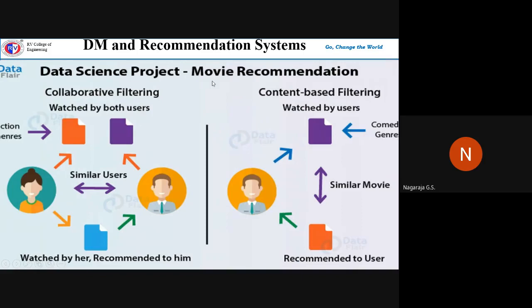Even in the case of movie recommendations, we look at collaborative filtering and content-based filtering, the right kind of task as well. You can observe both scenarios in movie recommendations. I think all of you will agree with me.